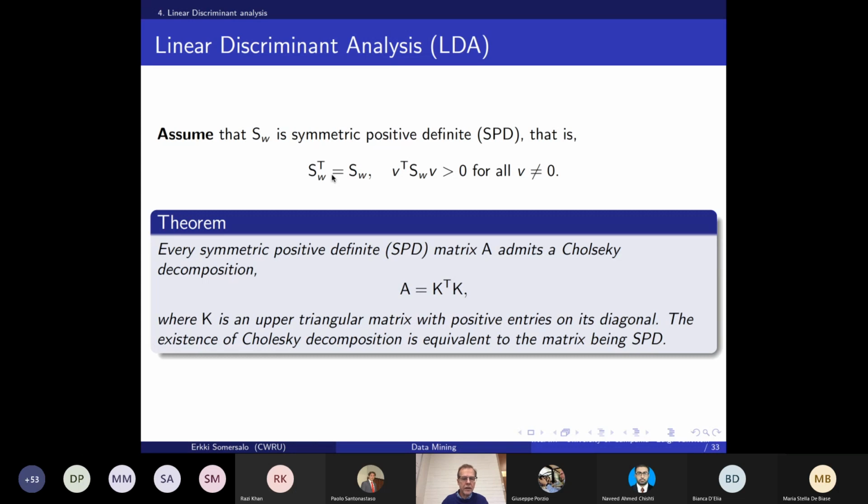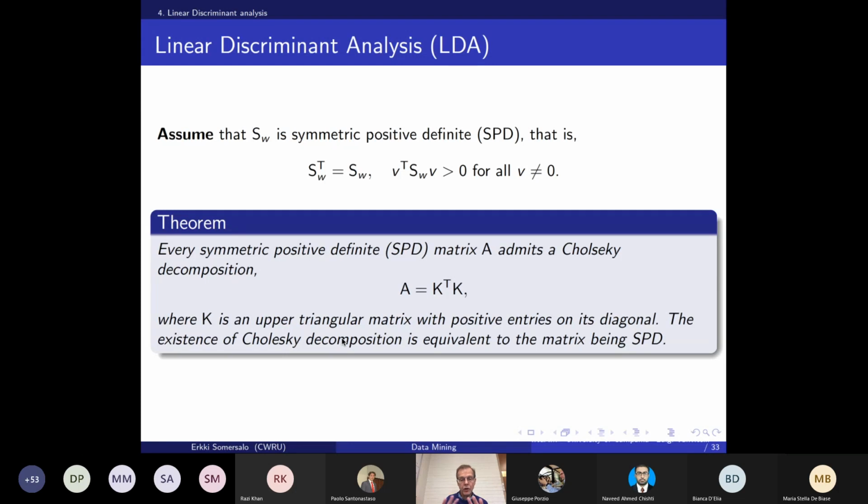If you have a symmetric matrix and you want to know if it is symmetric positive definite, probably the quickest way to check that is to start calculating the Cholesky decomposition. And if your algorithm hits a snag, at some point it's trying to take a square root of a negative number, then you know that your matrix was not symmetric positive definite. So this theorem is almost like an operative check. If you can calculate the Cholesky decomposition, yes, it's symmetric positive definite.